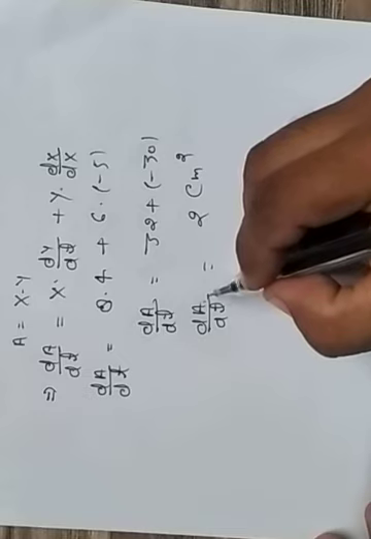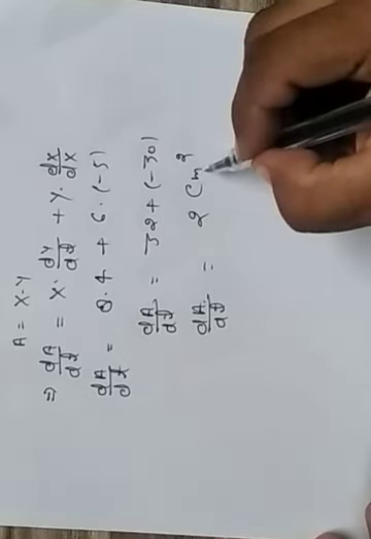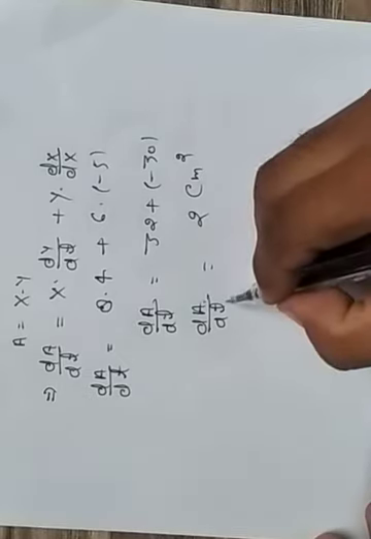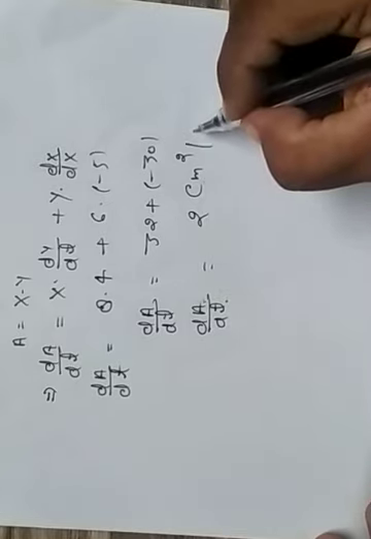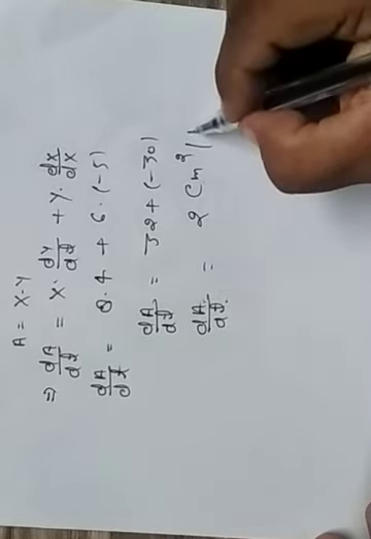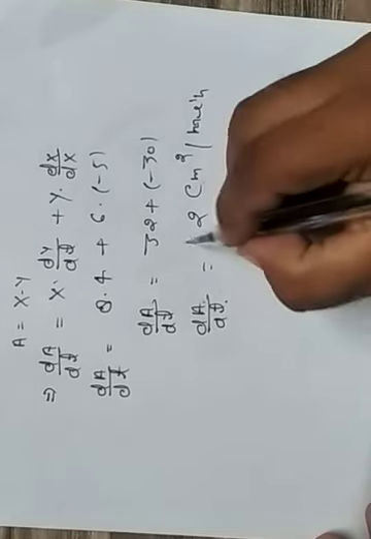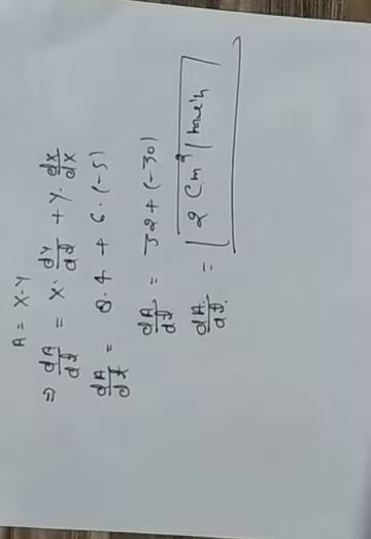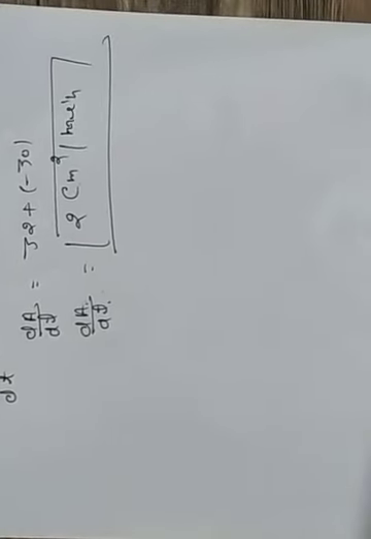We are finding area, so centimeter square, and we are differentiating with respect to time, so per minute, which is your final answer. So please note down, student, question number 7. Now see question number 8.